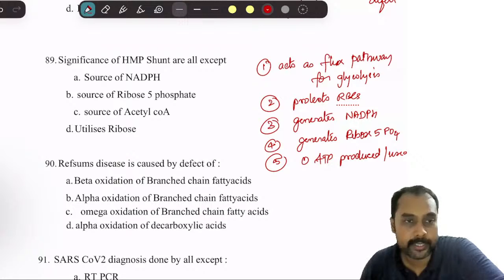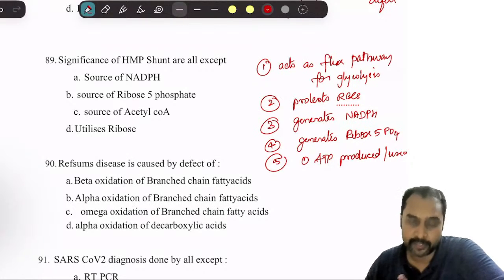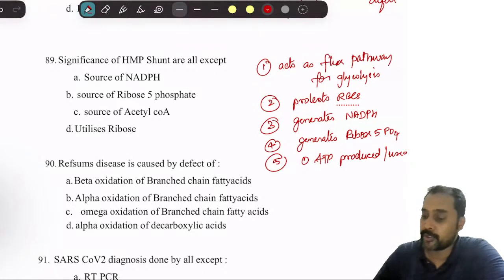These are the 5 points you need to remember. So it is a source of NADPH. It is a source of ribose 5-phosphate. Of course, it utilizes ribose to generate the ribose 5-phosphate.